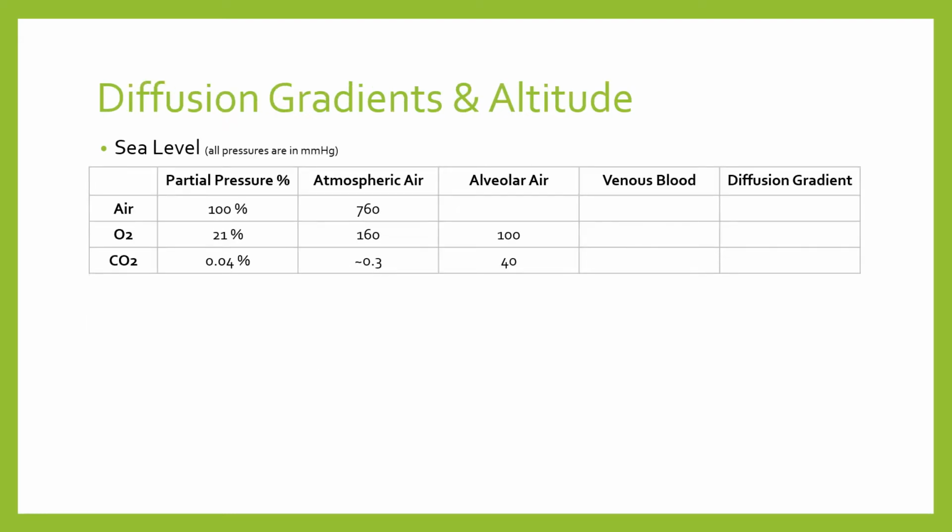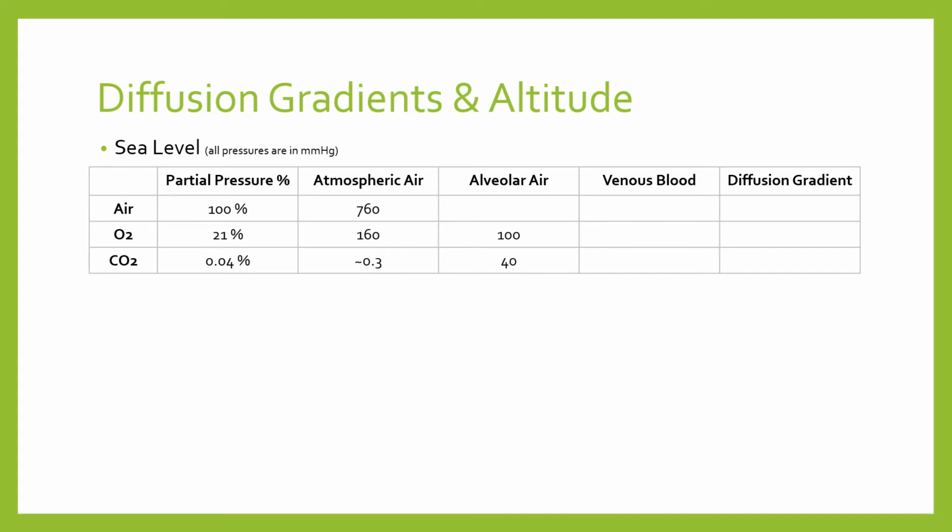So let's just do some more numbers on this to make this as clear as possible. So here we are at sea level again. We've got our partial pressures, we've got our atmospheric pressures, and these are the same numbers we had on the previous slide. So at sea level, let's look at oxygen in terms of its partial pressure. It's 21% of the overall air pressure, which means it's 160 millimeters of mercury.